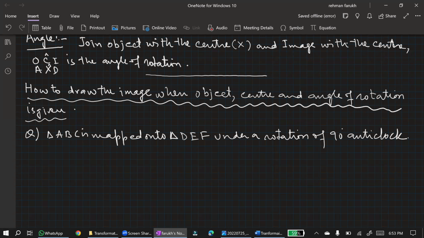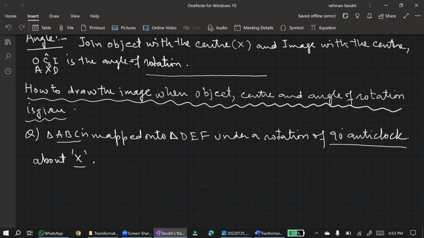Now, the object, the angle of rotation 90-degree anti-clockwise, and the center of rotation X. These three things are given.